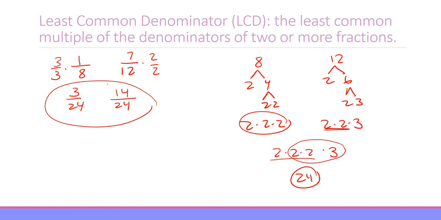So the other thing that we do when we look for these common denominators is we can use the LCD, the least common denominator, to order fractions and mixed numbers. So let's say I have these numbers. Let's say I have 3/5, 1 and 2/5, 7/10, and 1 and 3/8.